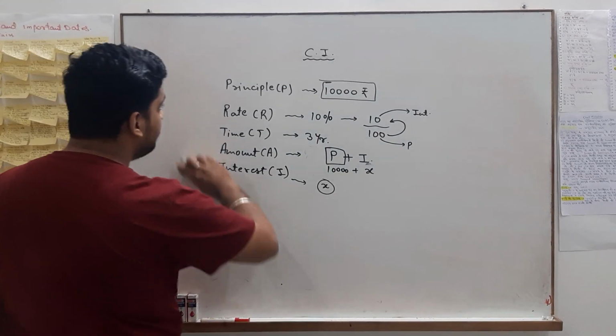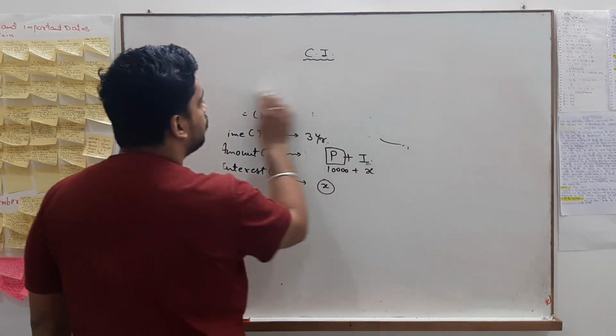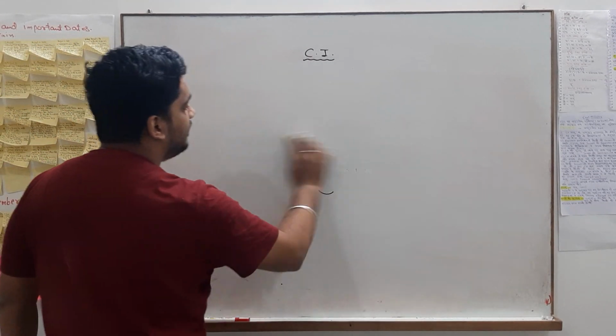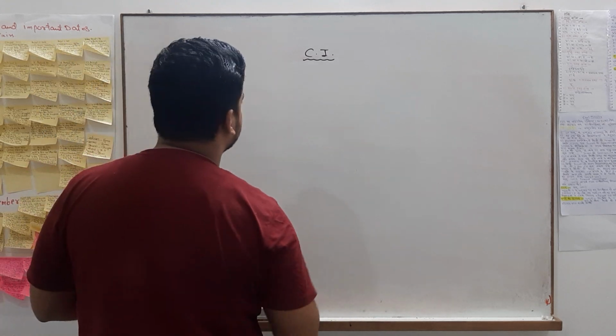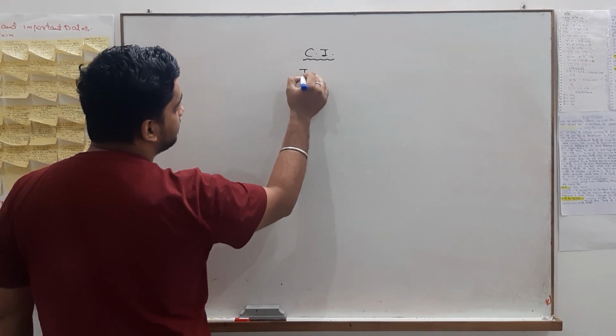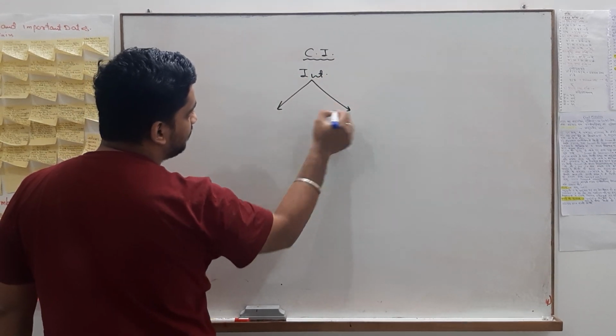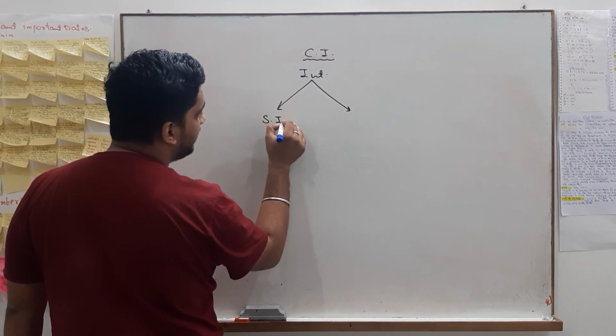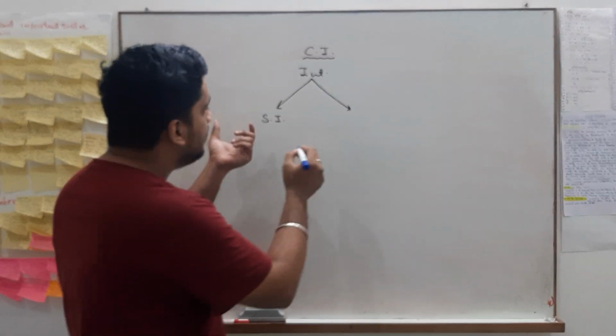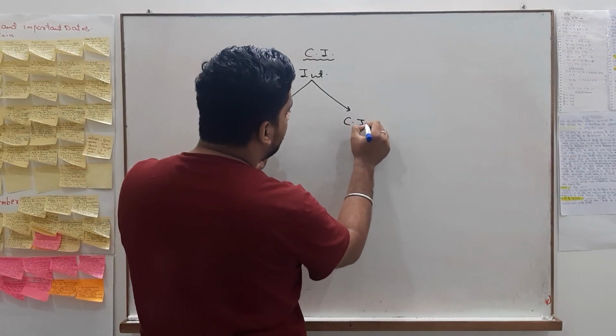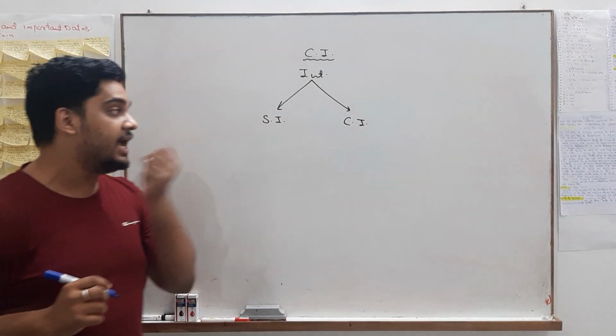Now first of all, a question will be raised in your mind, sir, how many types of interest are there? So guys, let me tell you that there are two types of interest. First is simple interest, which is known as SI. Second one is compound interest, which is known as CI.